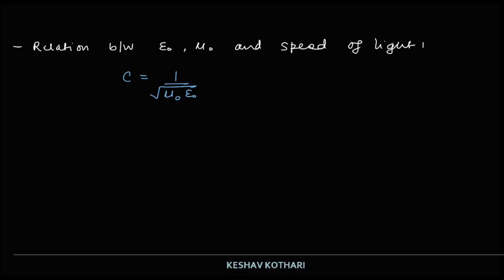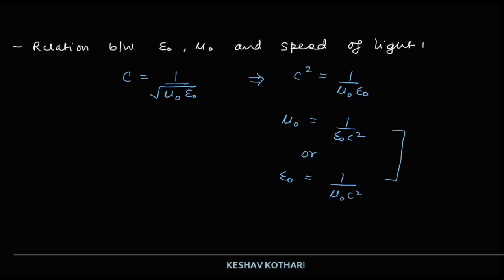So from here we can say that both of them are convertible. C square is equal to 1 by mu naught epsilon naught, so we can write mu naught as 1 by epsilon naught c square, or epsilon naught as 1 upon mu naught c square. So they both are convertible into each other.